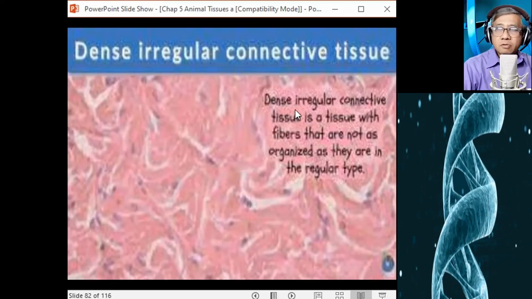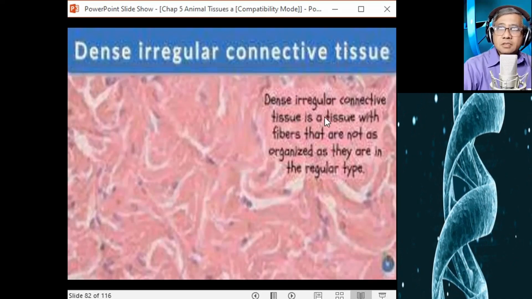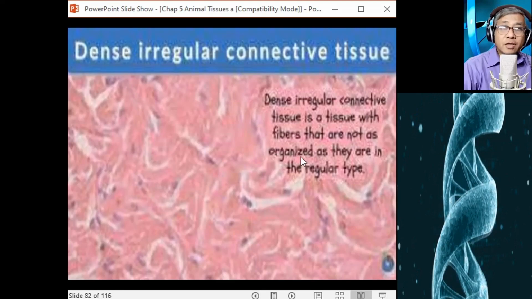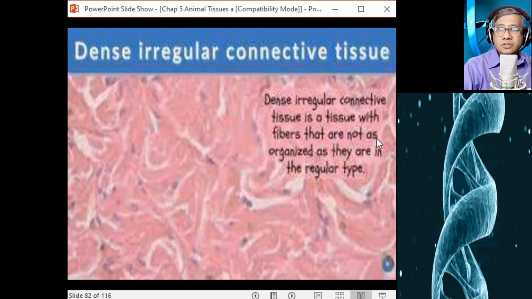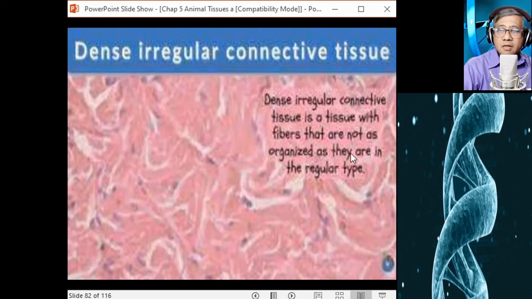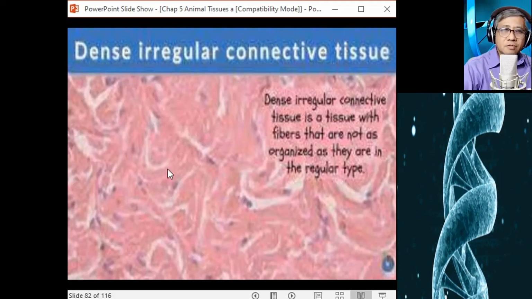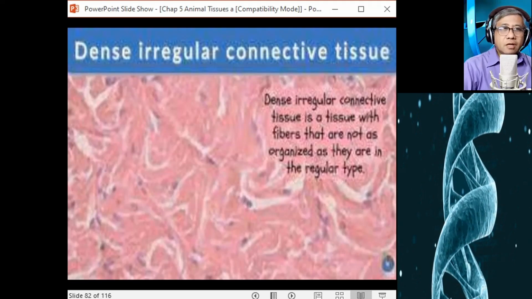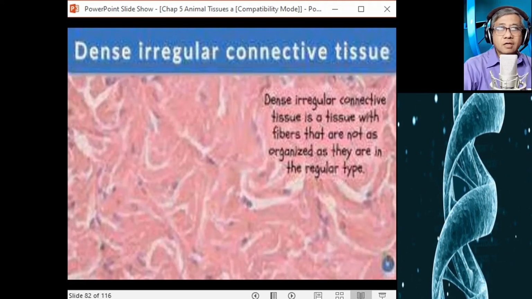Dense irregular connective tissue is a tissue with fibers that are not as organized. No? They are not as organized as they are in the regular type. Yan. So parang magulo yung mga fibers niya. So that's how we classify dense connective tissue.